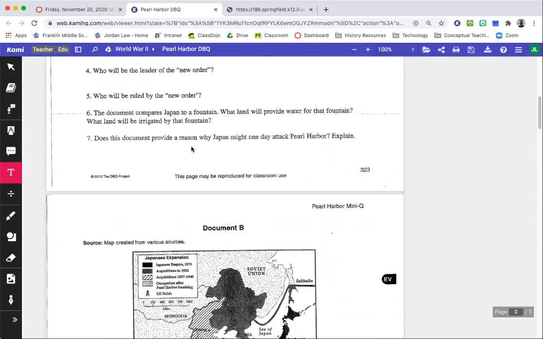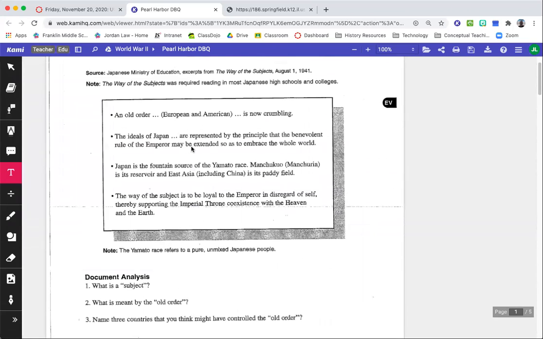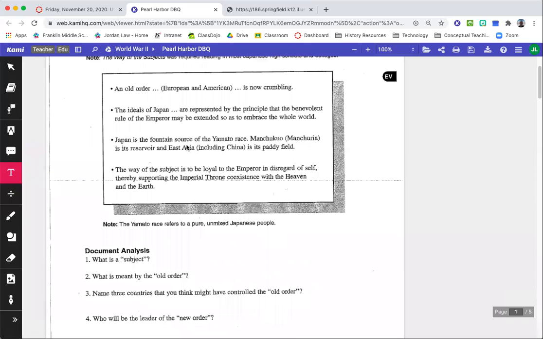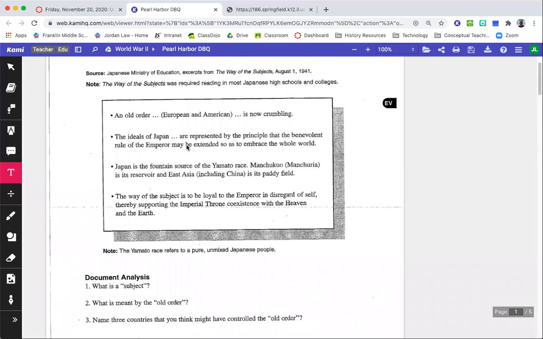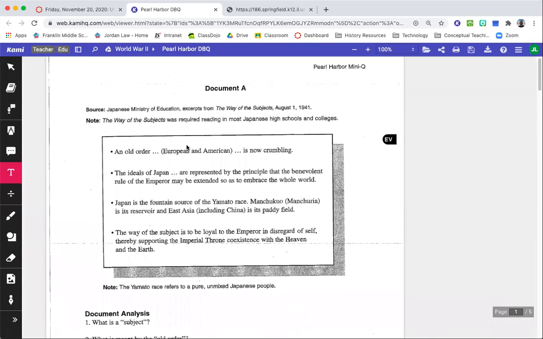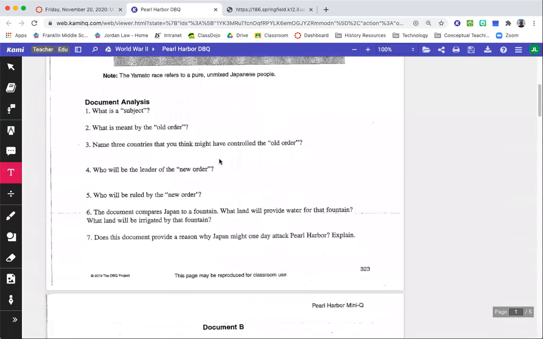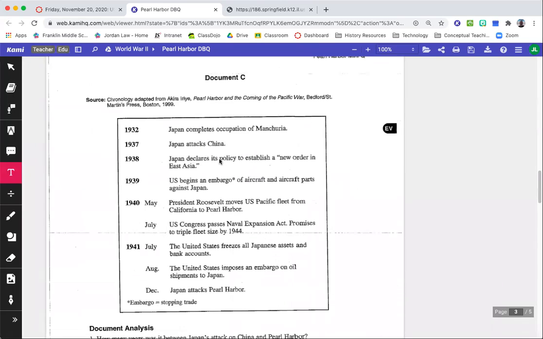If you remember from yesterday, document A, we talked about the new order being a new system of control in the world, where the East Asian countries, specifically Japan, would be the ones controlling the world, as opposed to the old order, which was controlled by European nations and the United States. So that idea is established in 1938.